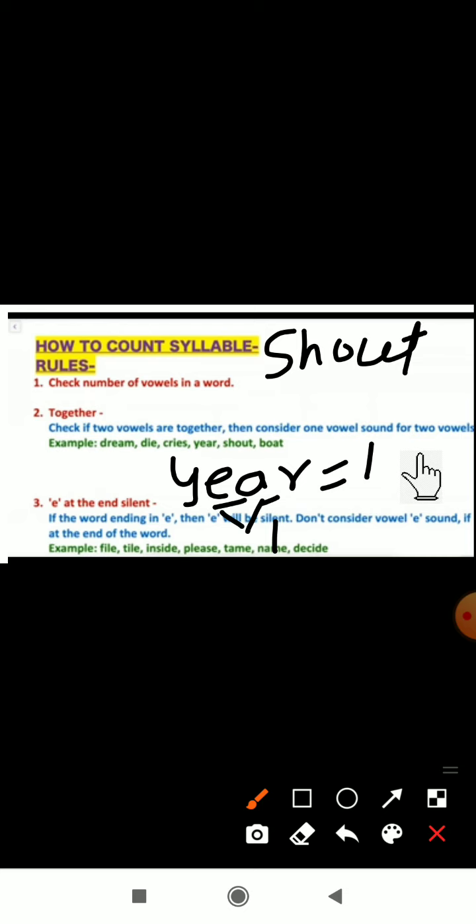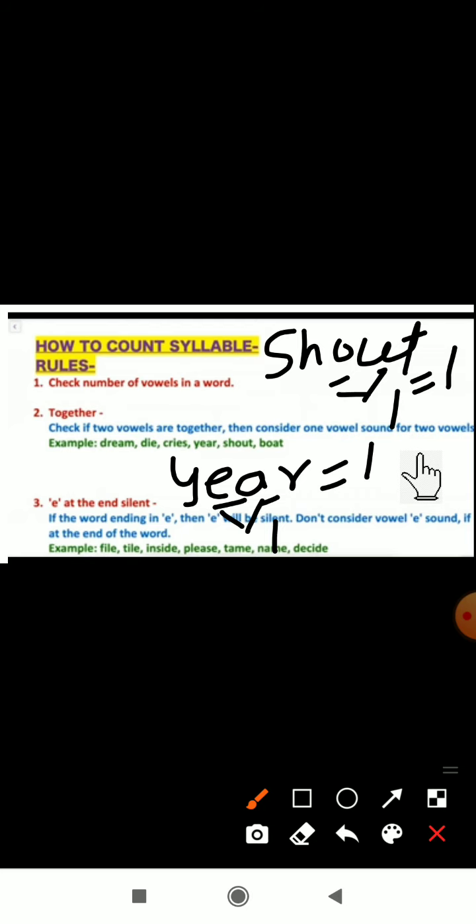You just find out A-E-I-O-U, O and U are there, but they both are together. So we can consider only one vowel, or one syllable. So we can say that there is one syllable. Got it? So this is called a monosyllable. Mono means only one. When there is only one syllable, you can say monosyllable. Even boat also. In that, B-O-A-T, O and A both are vowels here, and they both are together. So we are considering them as one.